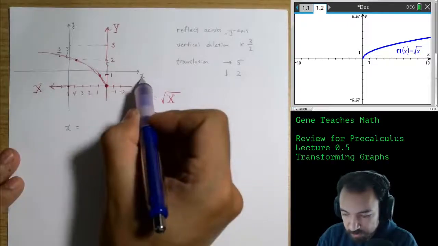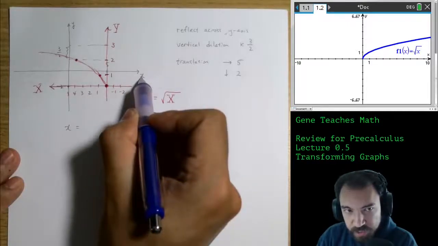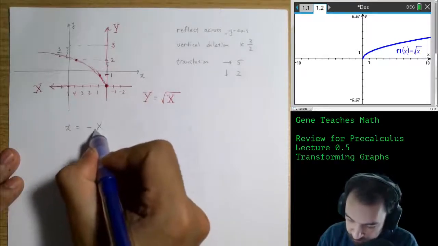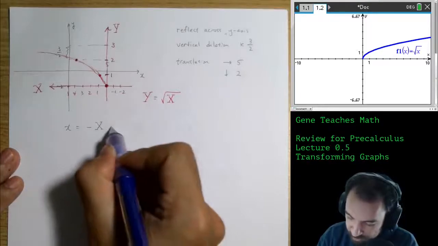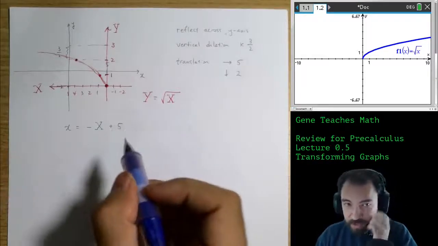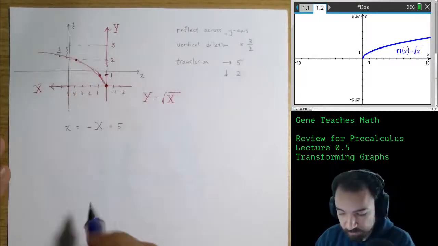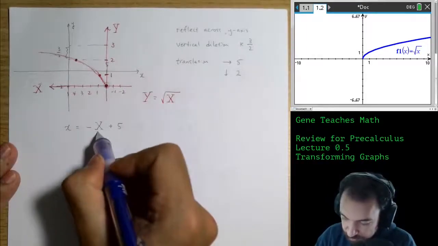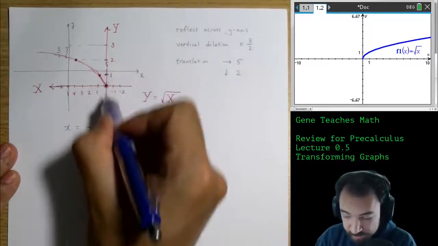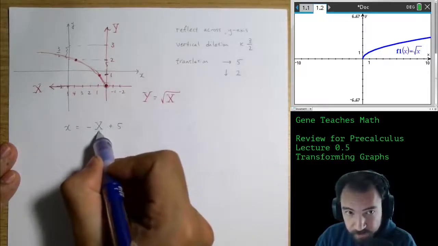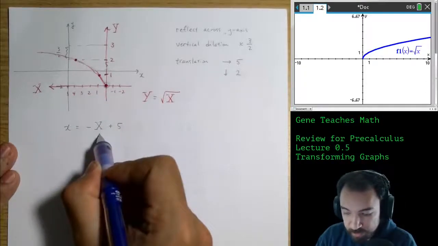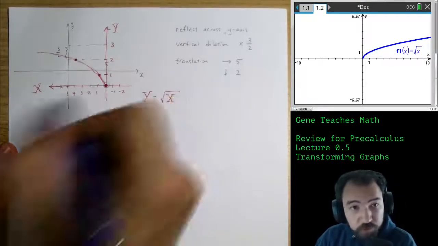So all of my lowercase x values are just the negative versions of capital X. However, after I've done that, I have to add 5 because I've moved my coordinate system to the right by 5. Let's check that. When capital X is exactly 0, lowercase x is exactly 5. And every time capital X goes up by 1, lowercase x is going to reduce by 1.